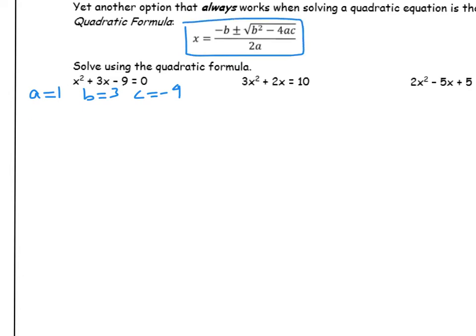Oh, it's not that bad. All right, opposite of B, plus or minus the square root of B squared minus 4. A is 1. If you're having a hard time following along here, I'm using the formula up above. I've identified A, B, and C. They're all going where they belong.